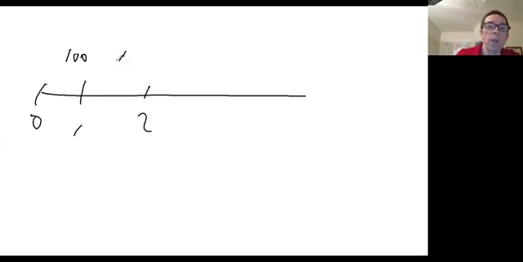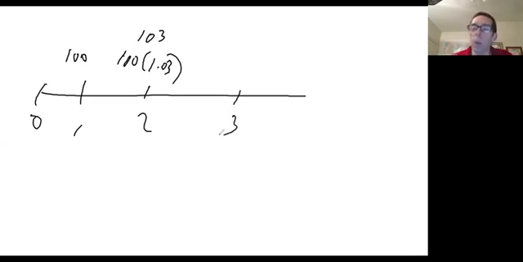So we're going to get $100 times 1.03, which of course is $103. Now at time 3, we're going to get 3% more than what we got at time 2. So we're going to get $100 times 1.03 squared, which is going to be $106.09.